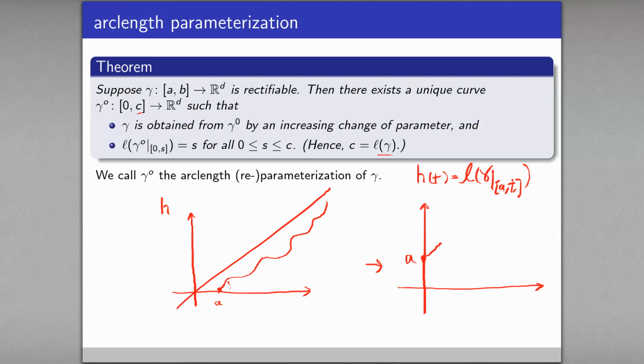Now you reach an interval of constancy. Now, what is the inverse? What is the t that corresponds to that? What value of t gives this s? So now this becomes s, and this becomes phi of s, which is kind of inverse of h.